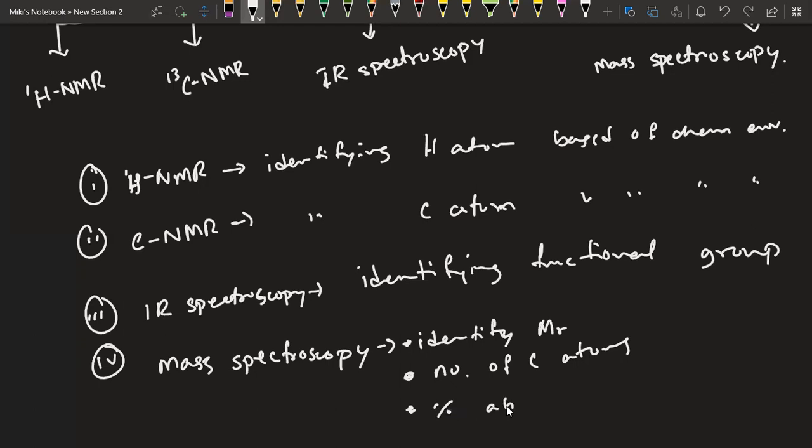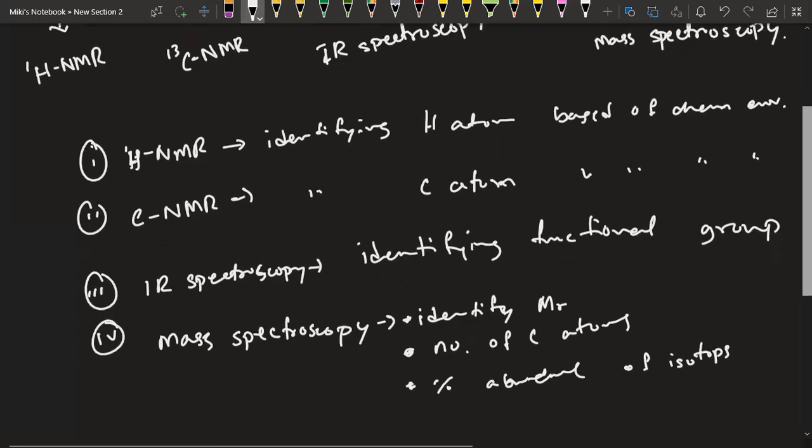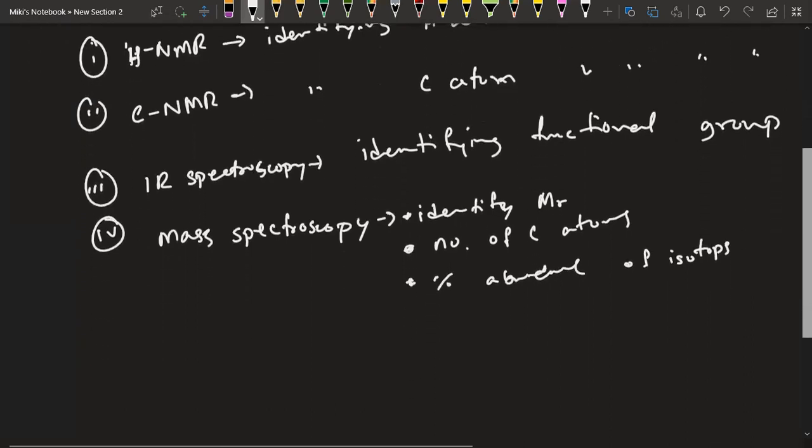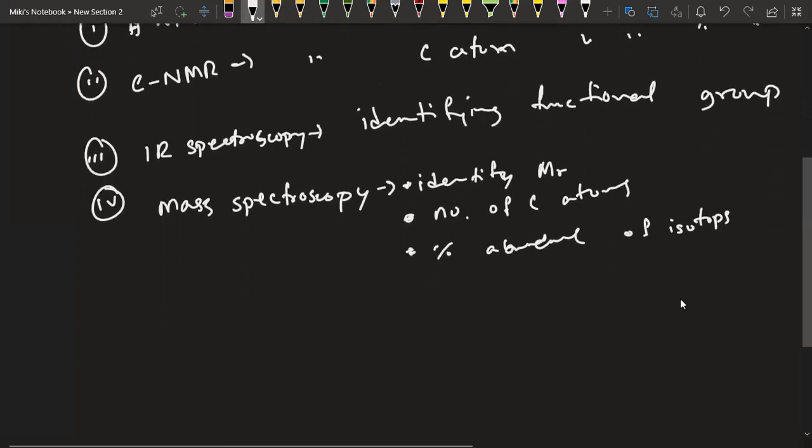Molecules or atoms have different isotopes. For example, carbon-12, carbon-13, carbon-14. Then we have hydrogen-1, hydrogen-2, hydrogen-3, so deuterium. So these are the isotopes part.